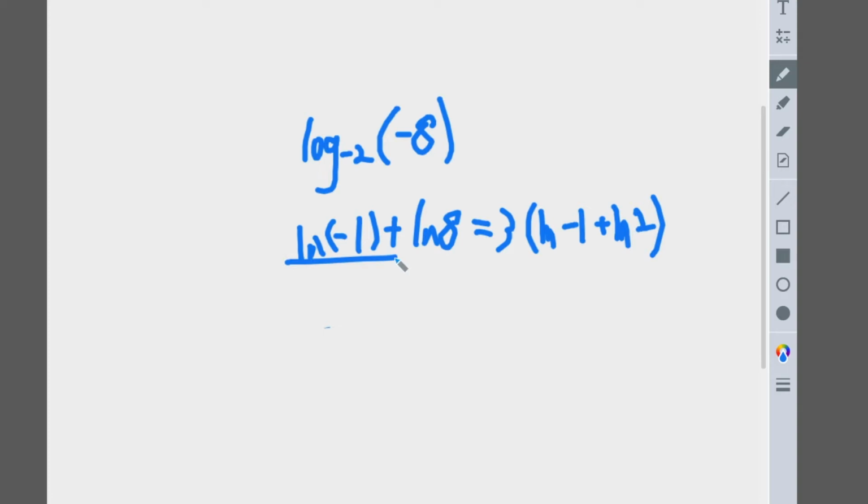Natural log of -1, we can define it using Euler's formula. e to the i pi is equal to -1. If we take the natural log of both sides, you'll find that these cancel, and the natural log of -1 is just i pi.